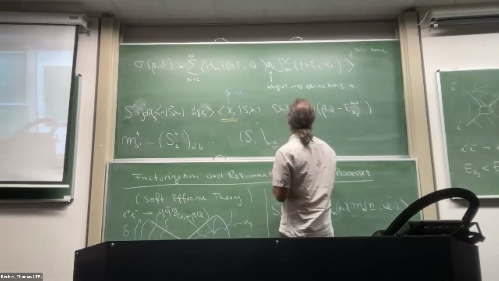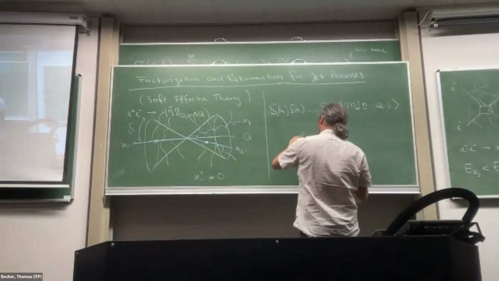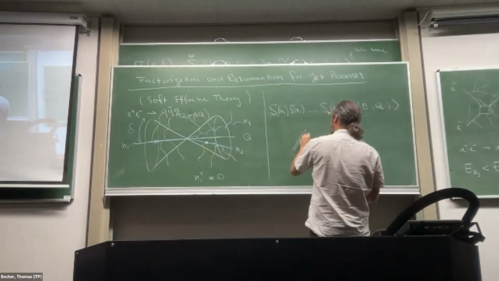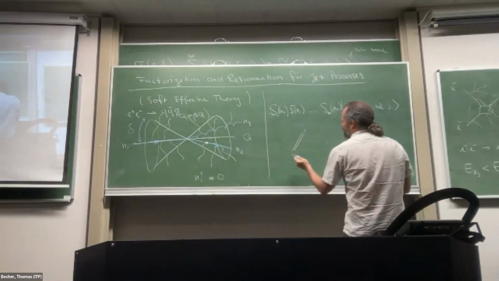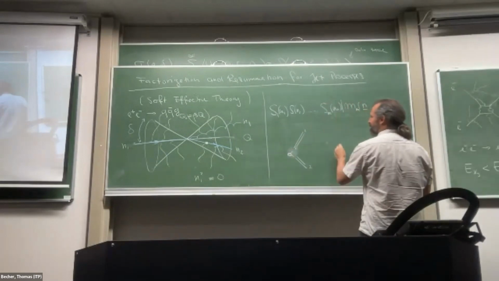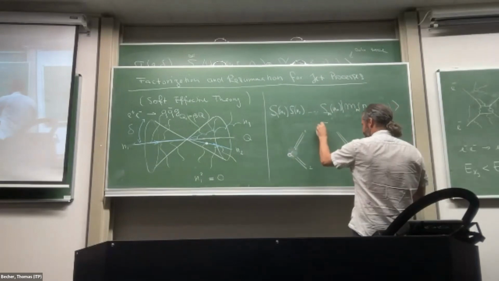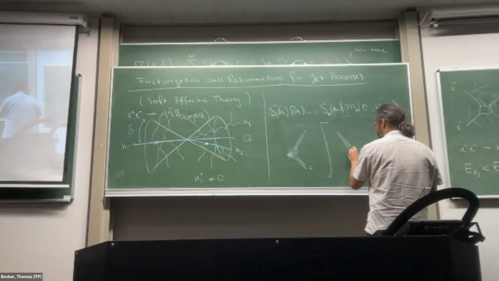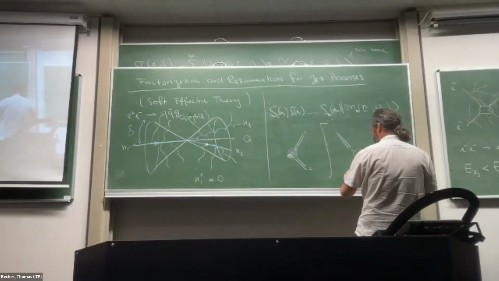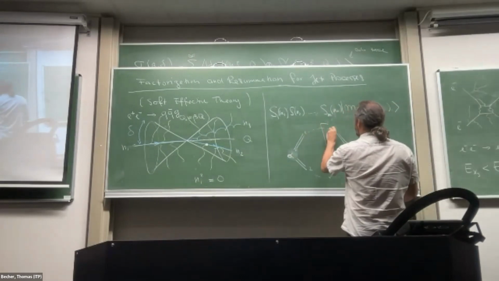Okay. Let me try to draw again. So I have, let's say, two Wilson lines, 1 and 2. These indices here will connect to the amplitude that is in here. And then there's the other thing in the conjugate amplitude. And then these indices contract with each other.